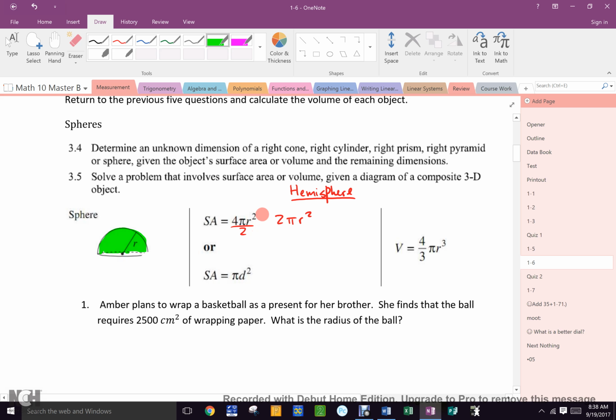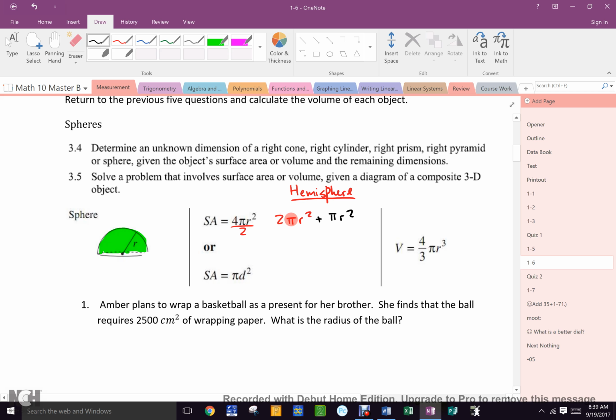But have I accounted for this new circle? Yes or no? No, so I have to count for it now, don't I? So I have to add how much? What am I adding when I cut a sphere in half? I add another pi r squared, don't I? Because that's that circle. Is everybody with me?